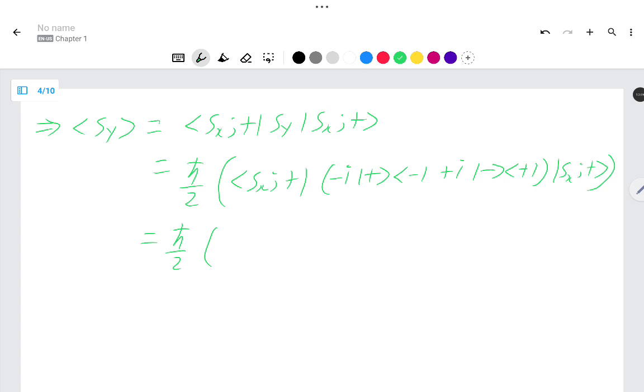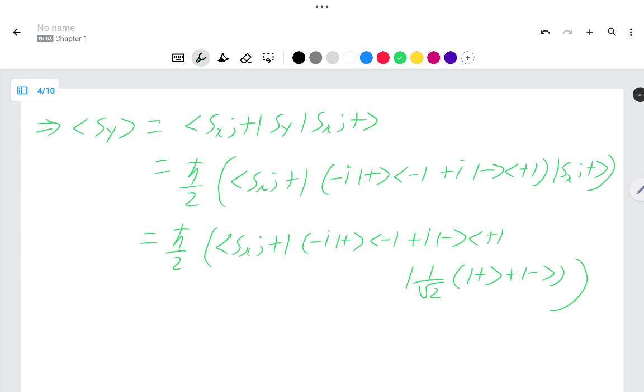So when this operates, I'm just writing it here: 1 by square root of 2, positive, negative, right? These operators are supposed to swap the negative with positive.